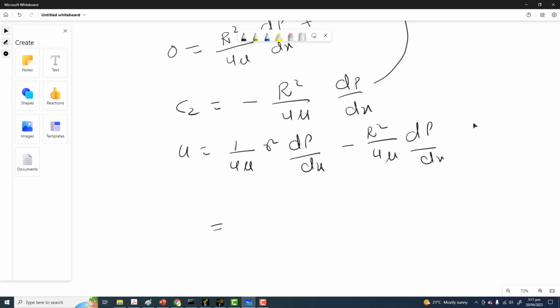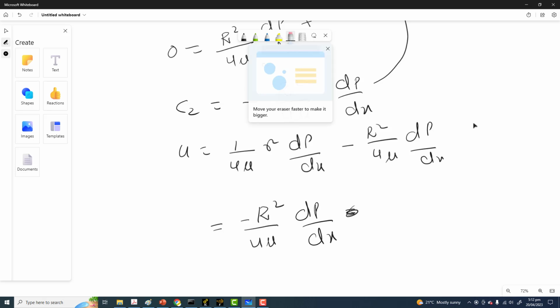If I take out the minus 1/(4μ) and R² common, and dp/dx also common, the positive term becomes negative and goes in the second part of the bracket. So this will be minus R² times the bracket.